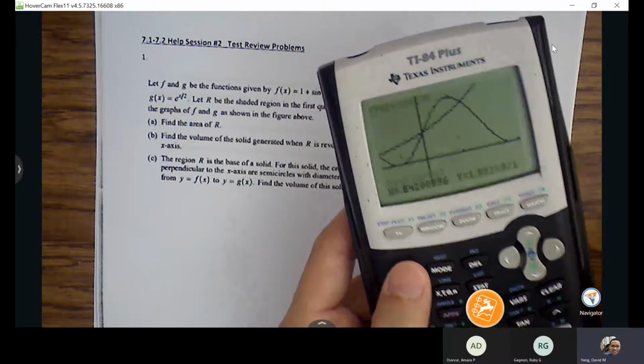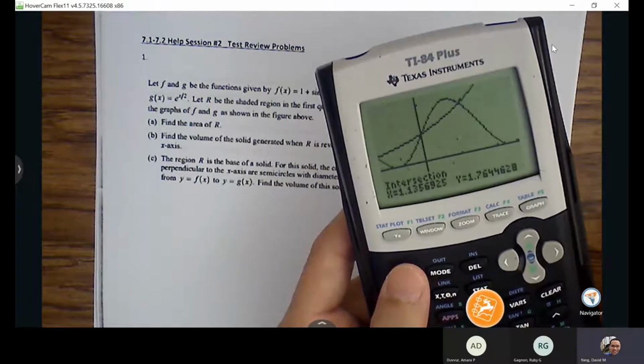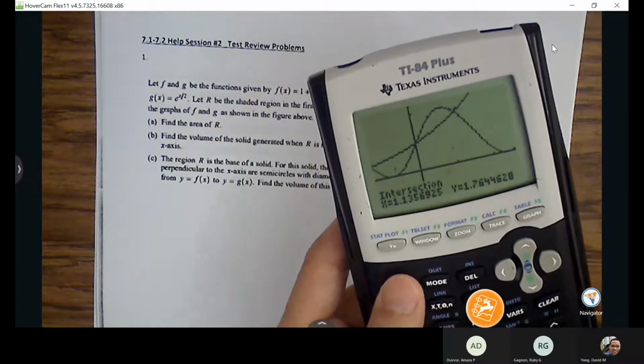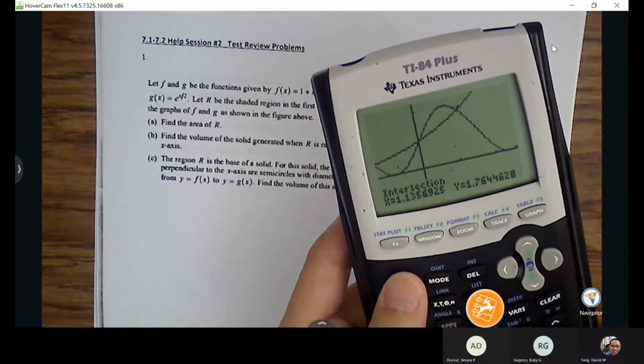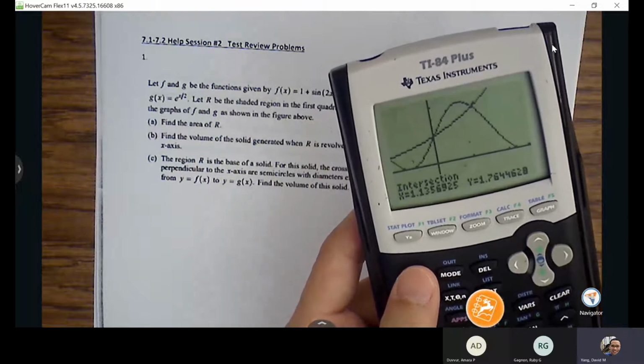Pick points near the other intersection. 1.13. I'm going to go ahead and write those ordered pairs there.